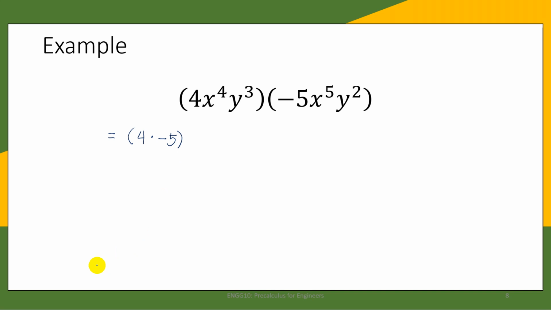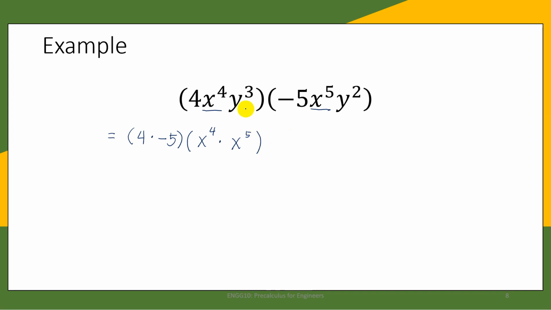Secondly, we can only combine those variables with the same base. In this case, we will combine x raised to 4 and x raised to 5. Remember, the operation here is multiplication, so we need to multiply the two: x raised to 4 multiplied by x raised to 5.